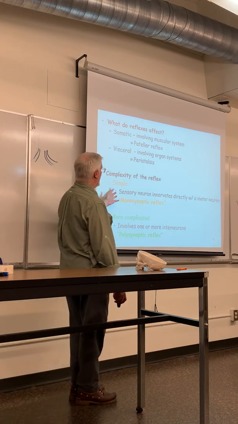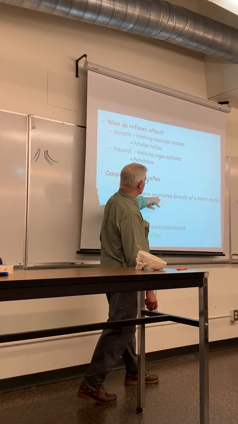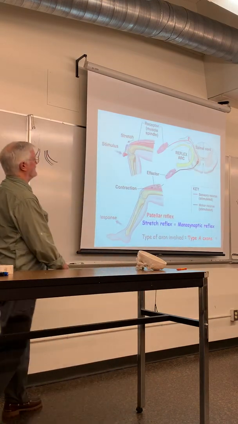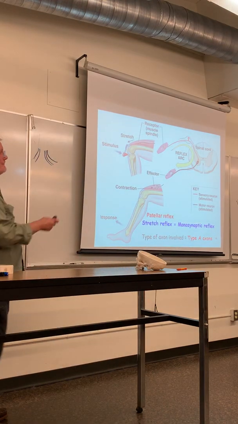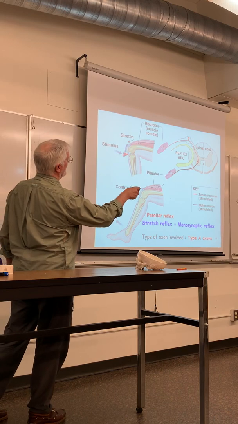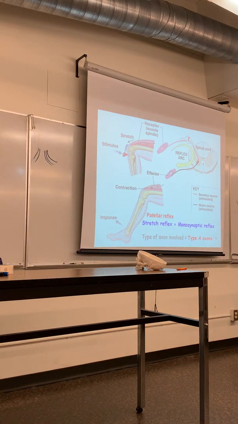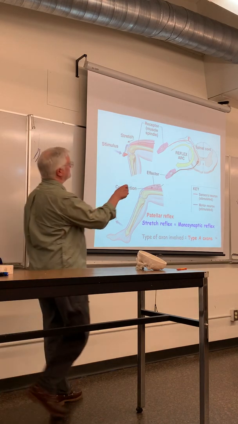So, what does it involve? A sensory neuron synapses directly with a motor neuron. Well, that's this picture right here. The red one is my sensory neuron. Oh, look at that. It's a unipolar neuron in a dorsal root ganglion. This is going to become automatic reflexive knowledge to you. Now, look where it's going.